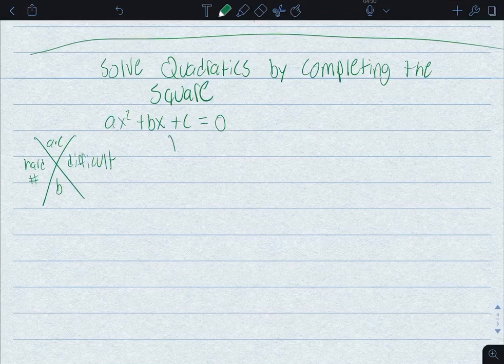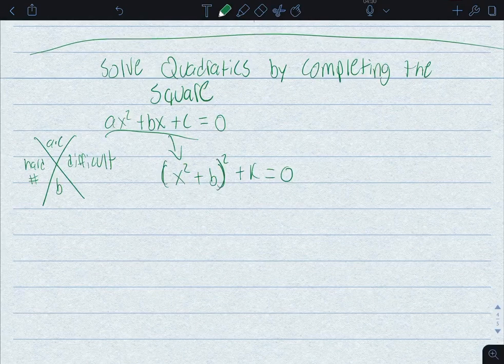That means we're going to change that polynomial so that we have some good factors.